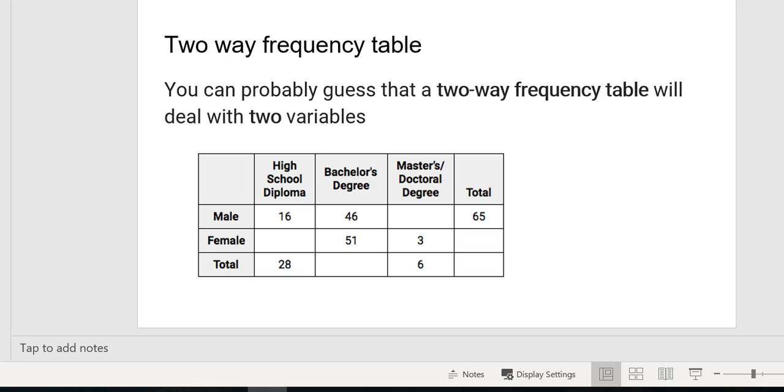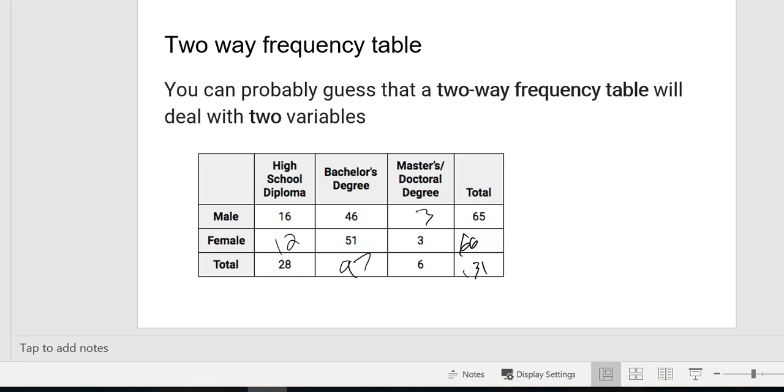Alright, so we can fill in this table. 65 minus 46 minus 16 is 3. 46 plus 51 is 97. 28 minus 16 will give me this little number here, 12. 28 plus 97 plus 6, 31 minus 765, 66.